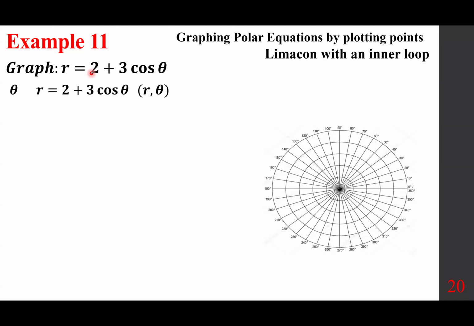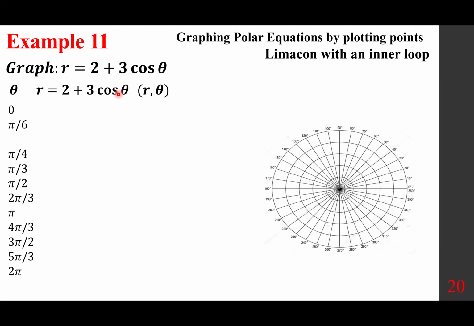We are going to go with the easy ones. 0: cosine is 1, 2 plus 3 is 5. So 5, 0. Pi over 6: square root of 3 over 2. So 2 plus 3 times square root of 3 over 2.